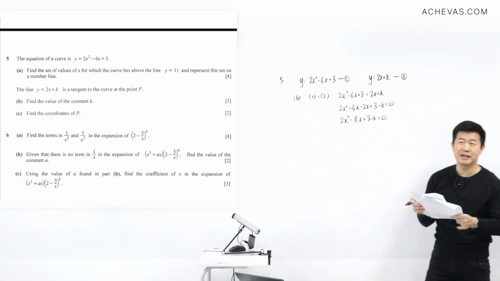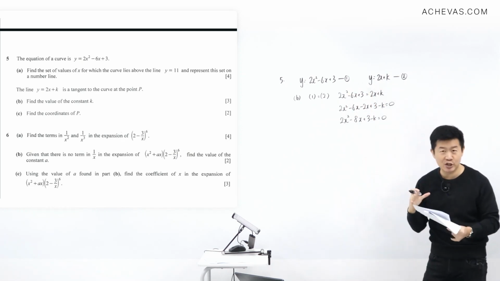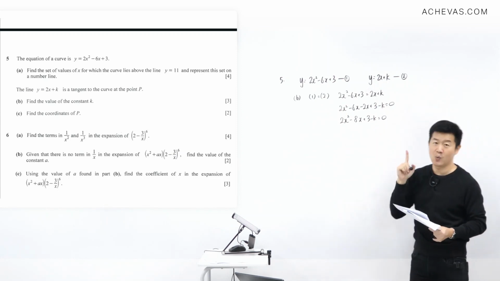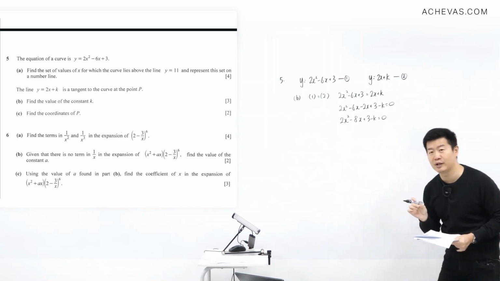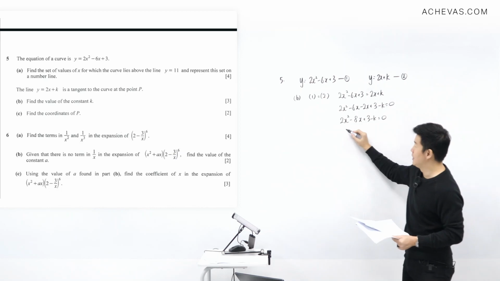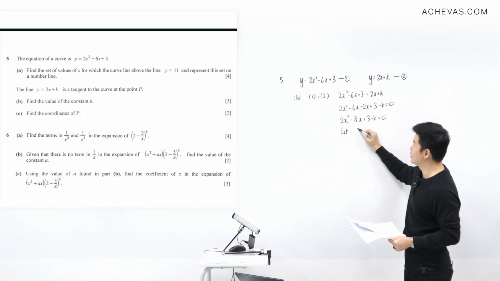And just like what the question has mentioned to us, this and this, they are supposed to be tangent to each other. So as I solve the simultaneous equation, we will be expecting one solution. So now we have a quadratic equation, and for this quadratic equation, we are expecting just one solution. I'm going to apply the discriminant, because for this equation to have just one solution, we are going to be letting the discriminant be equal to 0.